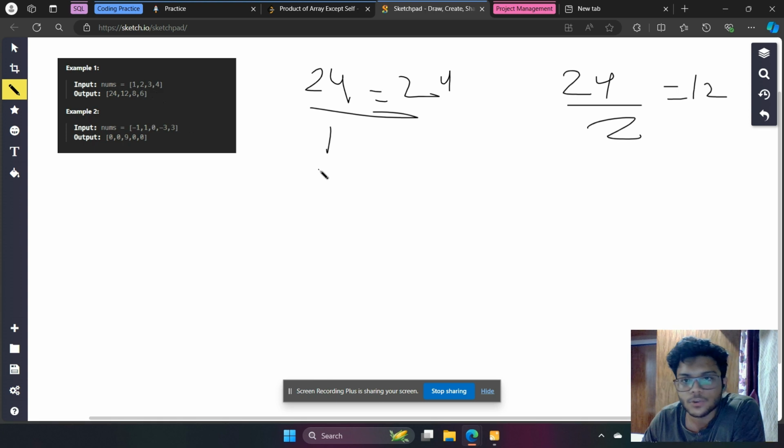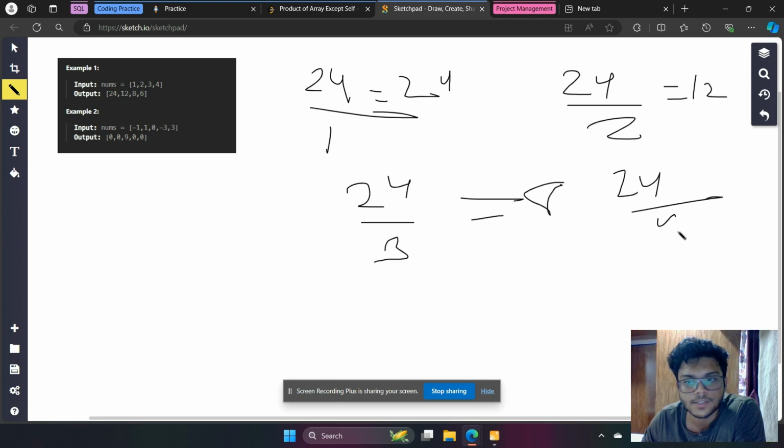So you might think that this way it is possible to solve it in O of n, right? 24 by 3 is 8, which we have in the answer as well. 24 by 4 is 6, which we have in the answer as well. So this way it's possible. But suppose we take example 2. We have 0 in this example, so the whole product would be 0 only.